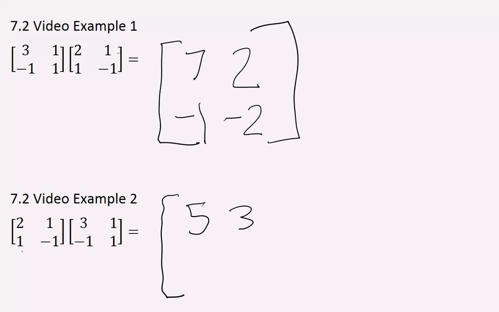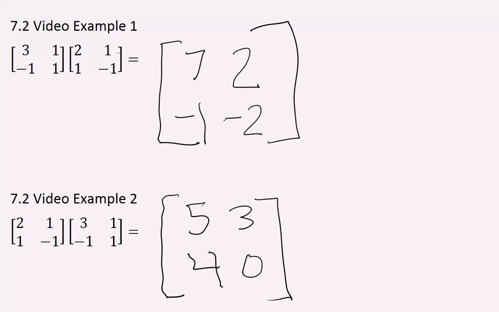So we have 1 times 3 plus minus 1 times minus 1, or 3 plus 1, giving us 4 as the first term in the second row of our product. Lastly, for the last term, we take 1 times 1 plus minus 1 times 1, or 1 minus 1, and our result is 0 for that term.